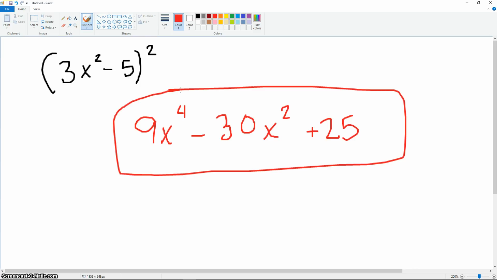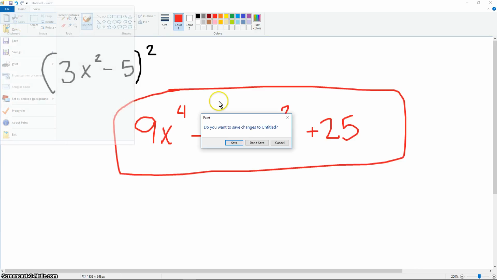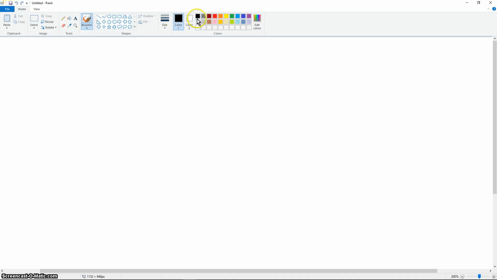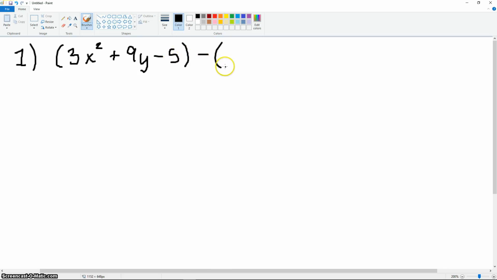Okay, I'm going to leave you with 4 problems to do. Whatever Mr. Marks expects you to do with these problems, they are some good practice. Let's do number 1: 3x squared plus 9y minus 5 minus 4y squared minus... I just realized I completely changed letters.